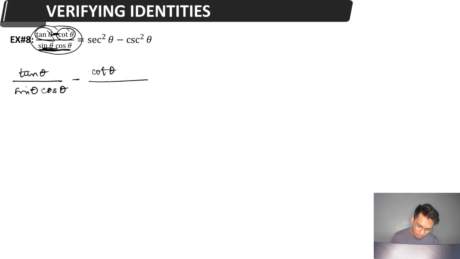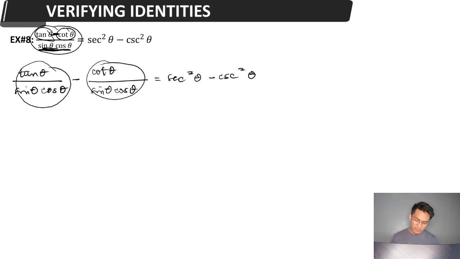So, separate natin. This is tangent theta over sine theta cosine theta minus, ito yun, minus cotangent theta over sine theta cosine theta is equal to the secant square theta minus cosecant square theta. So, yung tangent at saka cotangent natin, i-convert natin into sine and cosine terms using the quotient identity.